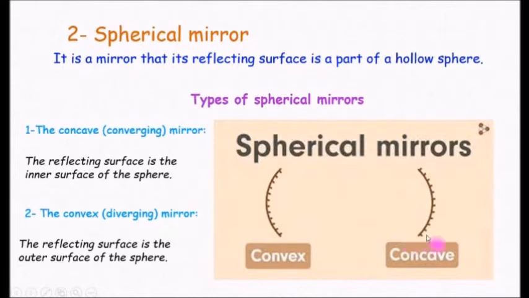Here in the concave, the short lines are drawn on the outer surface, so the inner surface is the reflecting surface. But here in the convex mirror, those short lines are drawn on the inner surface, so the outer surface is the reflecting surface.